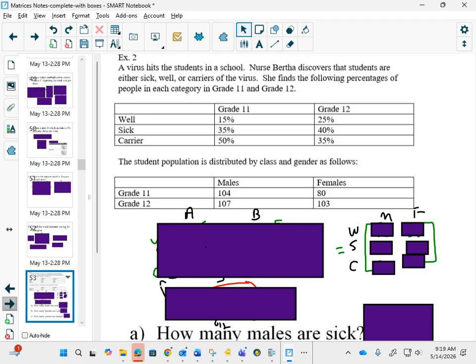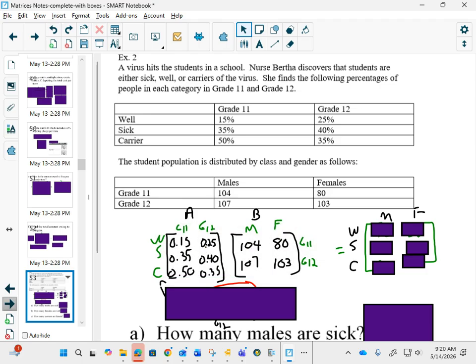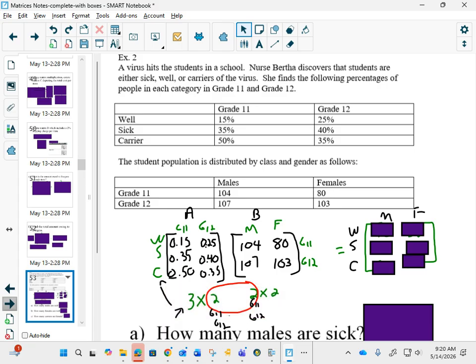And so we can make a matrix A. And we can make a matrix B. And we want to make sure that not only do the numbers match up in the middle, but the columns from the first matrix, grade 11 and 12, have to match up with the rows from the second matrix.